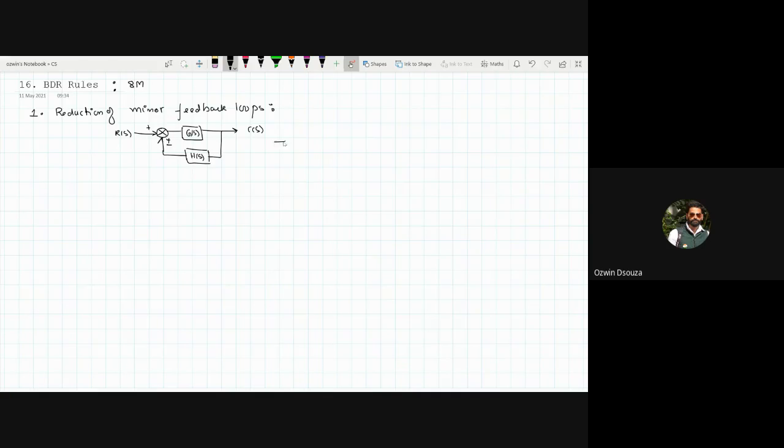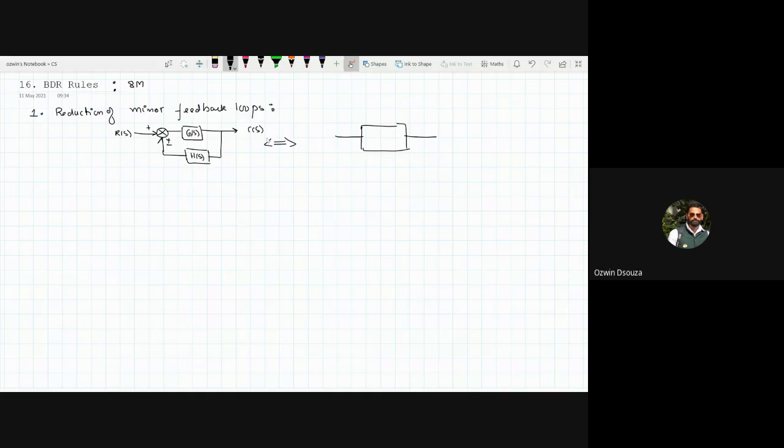So what you can do is reduce this entire block diagram. This block diagram consists of a summer, a forward path transfer function block, and a reverse or feedback path transfer function block. You can replace all these elements with a single block consisting of the overall transfer function.